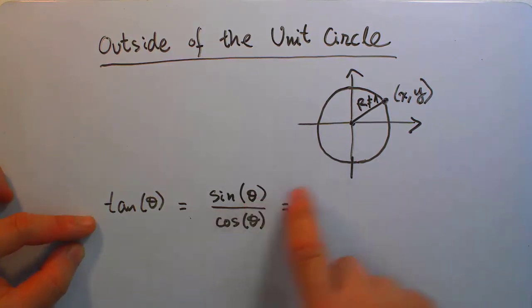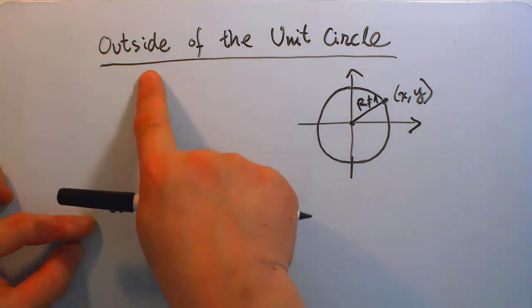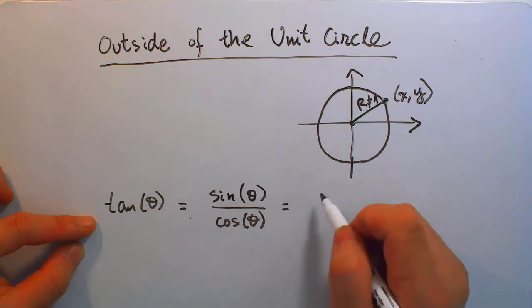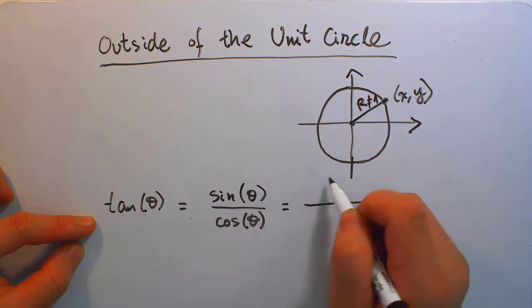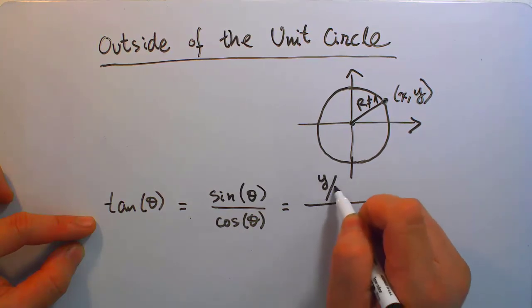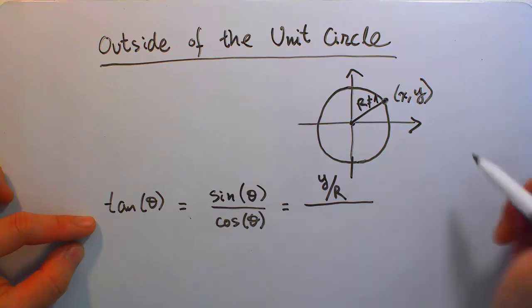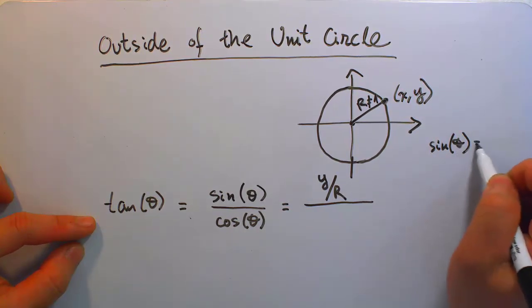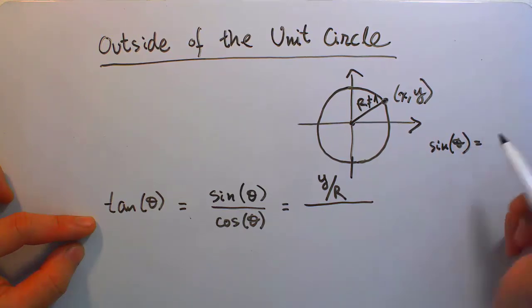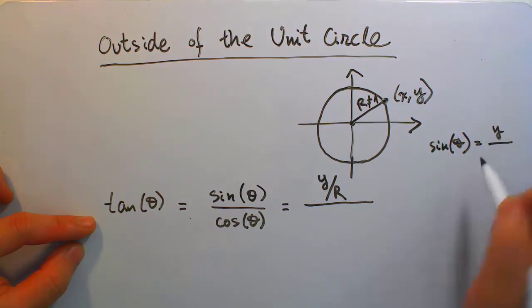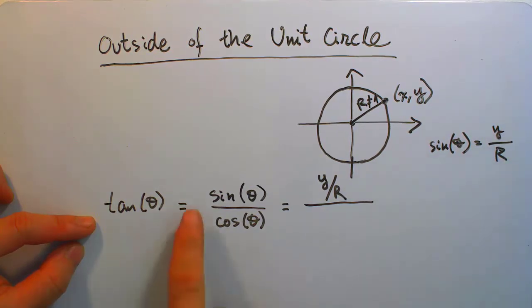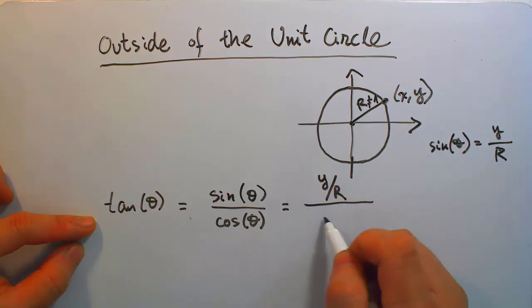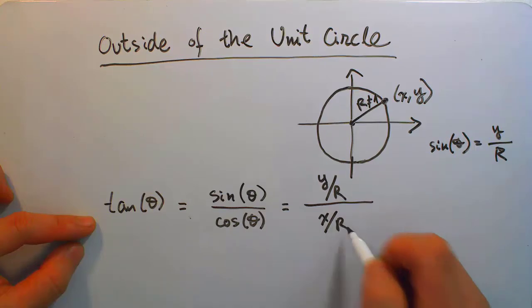Remember that when we're outside of the unit circle, on any general circle with radius other than 1, sine of theta is defined as y over r, and cosine of theta is equal to x over r, similarly.